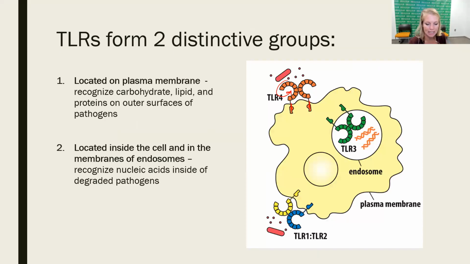And so you can see that it is going to be in the endosome, which will pick up any viral DNA, will interact with the receptor, and will then signal down into the cytoplasm. So it can be located inside the cell in an endosome, or it can be located outside of the cell facing outward, depending on what type of pathogen.